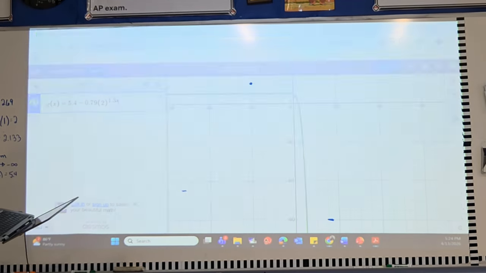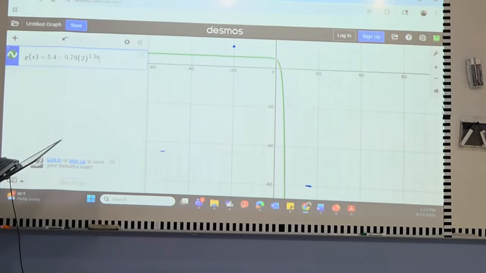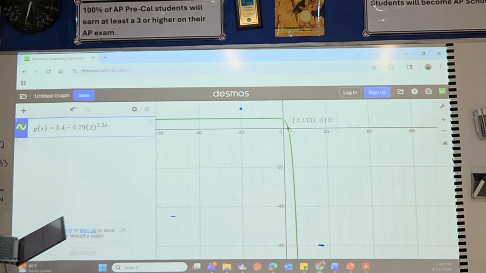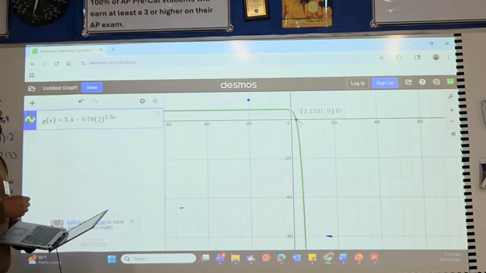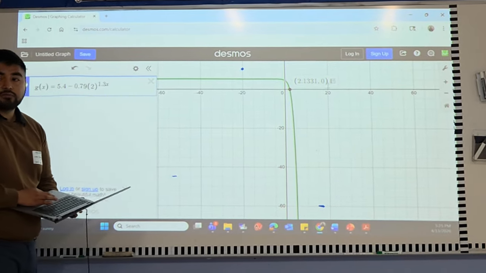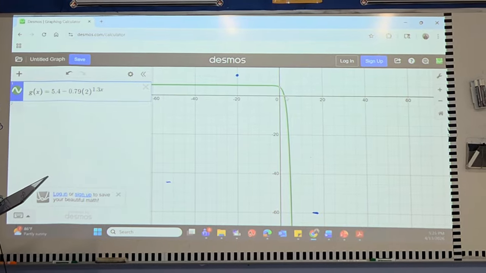If we go back to Desmos, you're looking for your zeros. Your zeros are when this green graph, or any color graph, touches the x-axis. So here it is. x should be equal to 2.133, or you can write the point like this in this format. Either or. So that was an easy one.